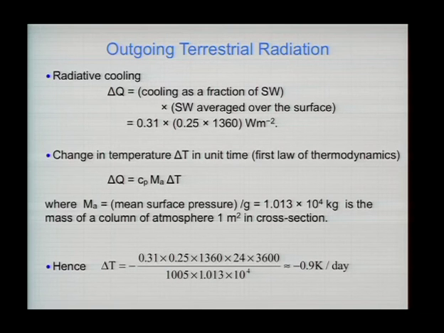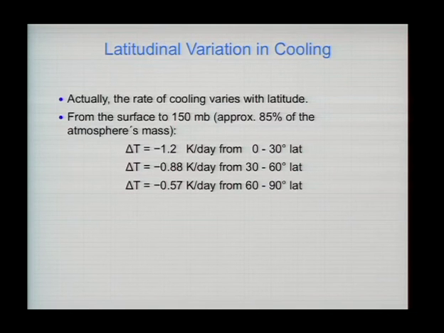So what are the implications of radiative cooling of a degree per day? Actually, the radiative cooling is a function of latitude. Paley showed us this. It cools more in the tropics than it does in the extratropics. In fact, delta T is more like a bit over a degree per day in the tropics.